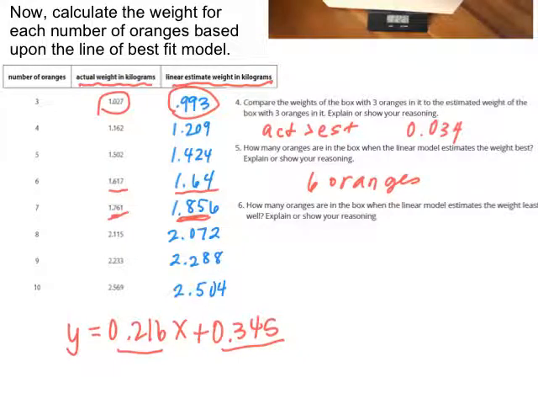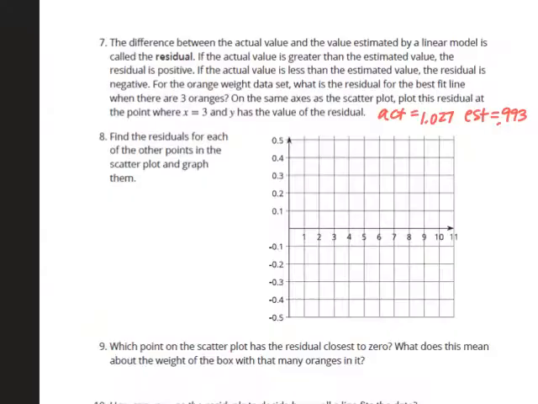This difference is about 0.095, so that's much larger. 7 oranges. On the next slide, we're going to find all of these differences, which we call the residuals, and plot them on a graph.